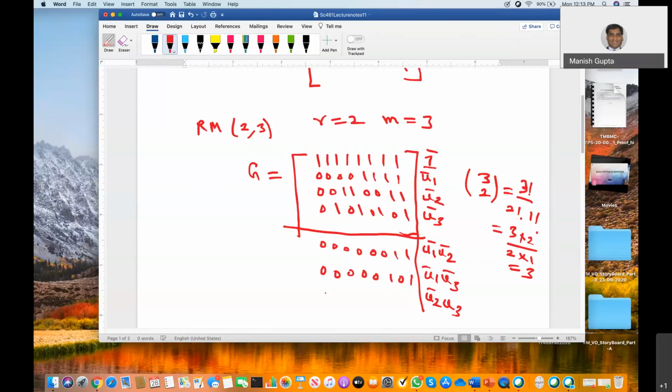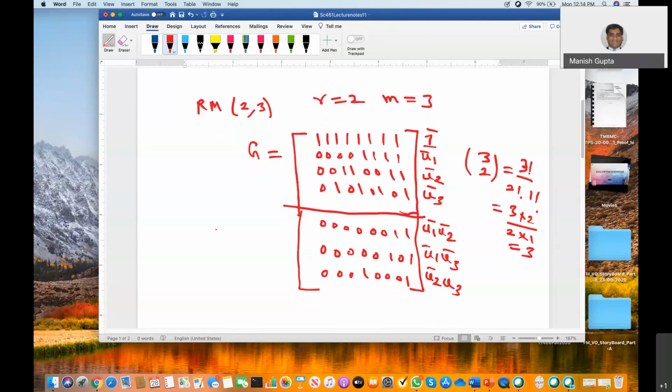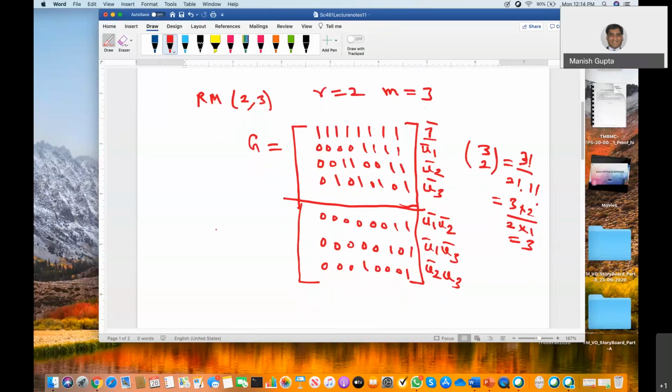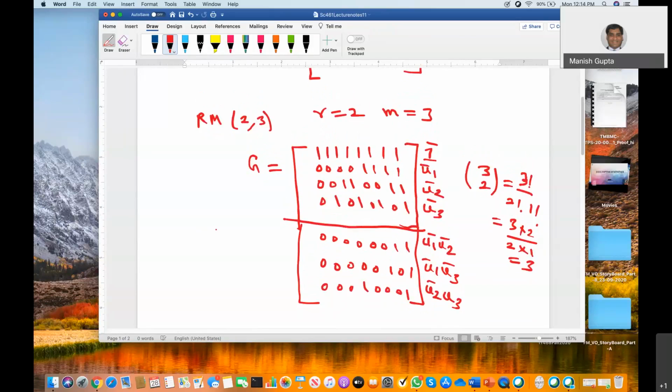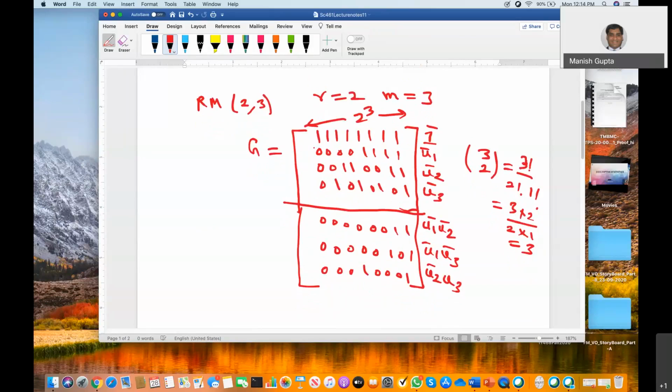This will be 0 0 0 1 0 0 0 1. Okay, this is the generator matrix for the second order Reed-Muller code, okay, of length 8. So this is 2 cube. Okay, so I hope you got the idea how to construct the code.